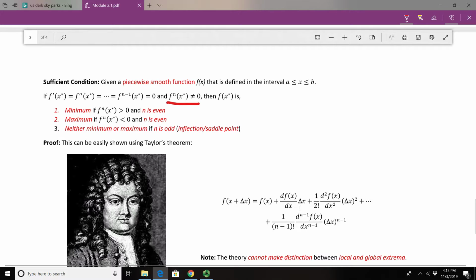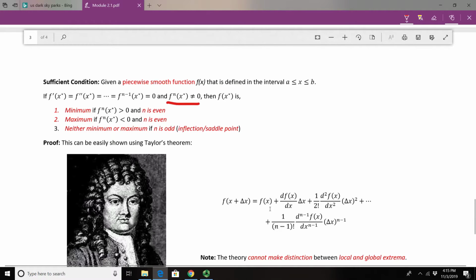So if df/dx is 0, of course it is not adding anything to this point. If I'm adding a positive number, so this will be the second derivative, it is even. And let's assume that this is a positive number.